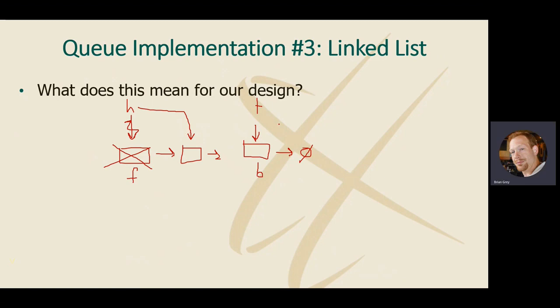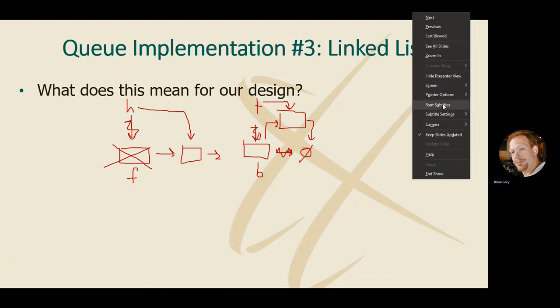And when we enqueue, hey, look at this, we can create our new node, point our old tail to this, point our new tail to that, and change our tail pointer to point to our new tail node.